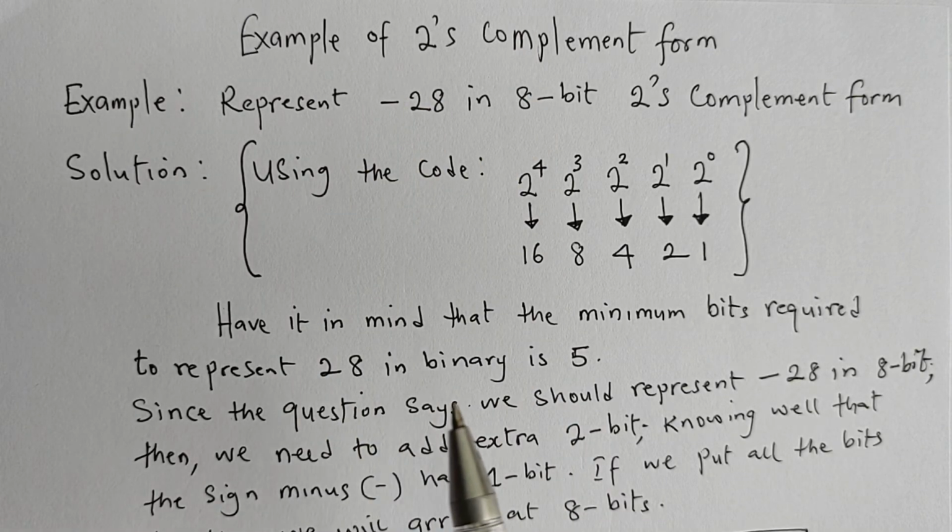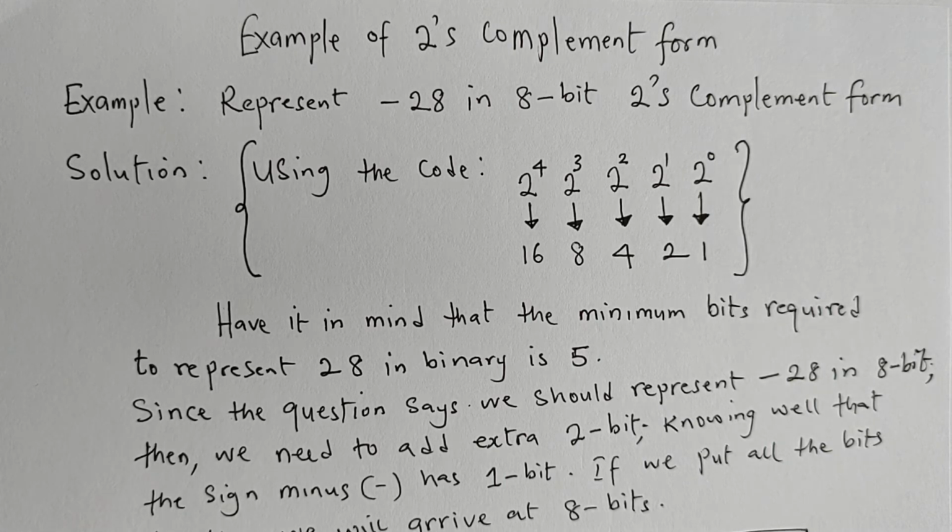If the minimum number of bits required to represent 28 is 5, what they want you to do is increase the bits to 8. So bear this in mind. They don't want you to just write the minimum bits required to represent minus 28.